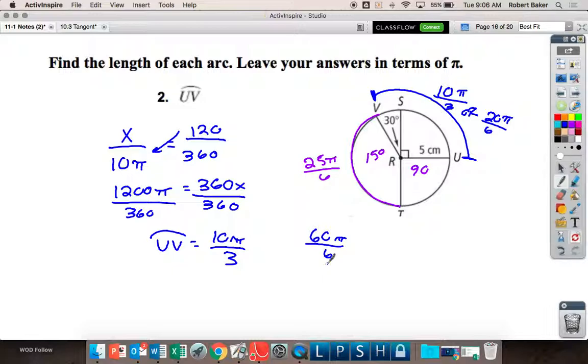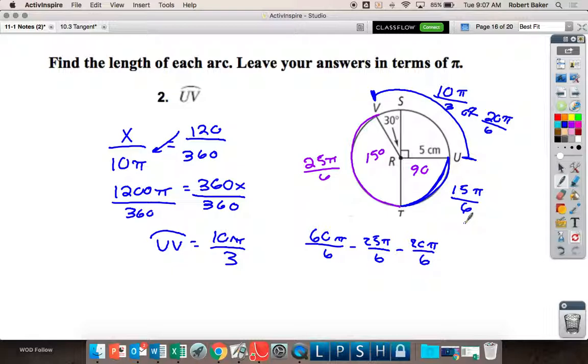I can take away 25 pi over 6, I already used that. And I can take away 20 pi's over 6, I already used that. So if I add these two together, I get 45 pi's. What's 60 pi's minus 45 pi's? That means that this piece right here would be 15 pi over 6.